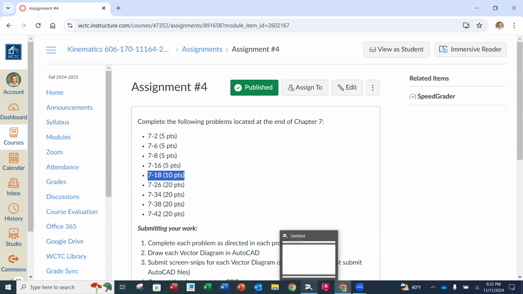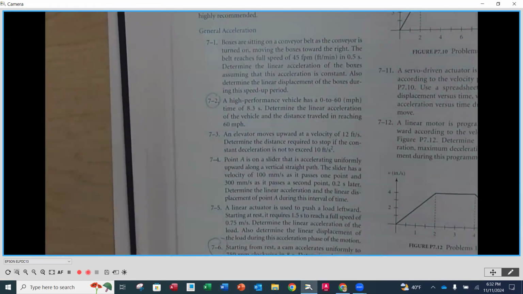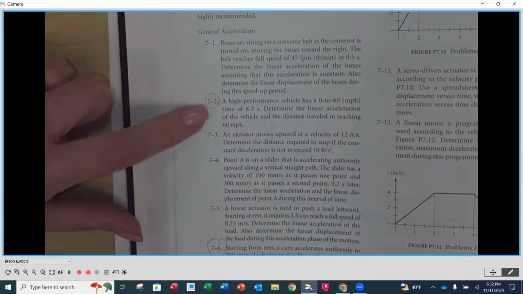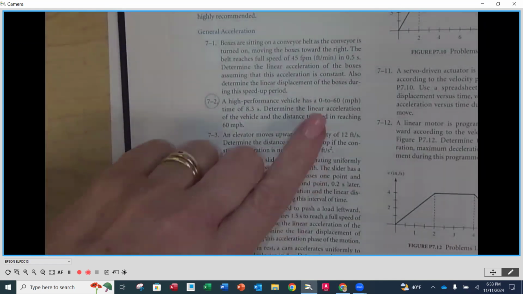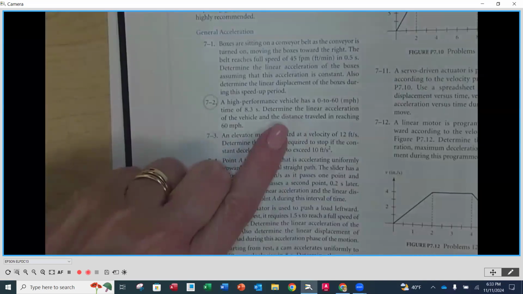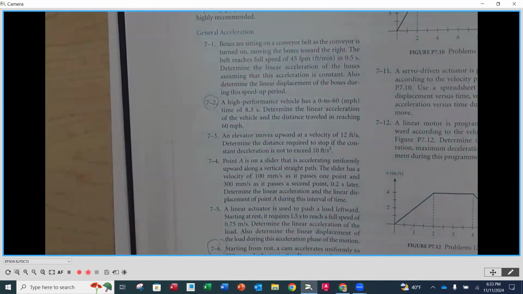So let's take a peek at those underneath the camera here. On page 206 starts the problems for chapter 7. Number 2 says a high performance vehicle goes from 0 to 60 miles per hour in a time of 8.3 seconds. Determine the linear acceleration of the vehicle and the distance traveled in reaching 60 miles per hour. What I don't want you to do is express acceleration in miles per hour per second.